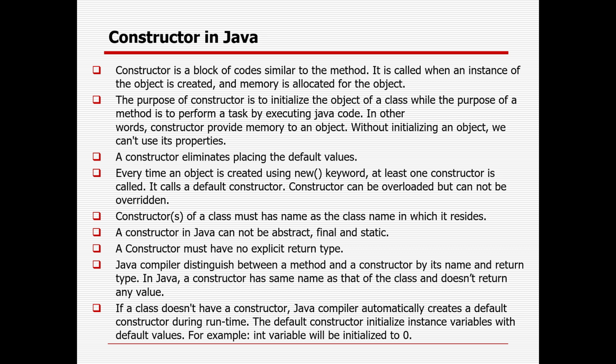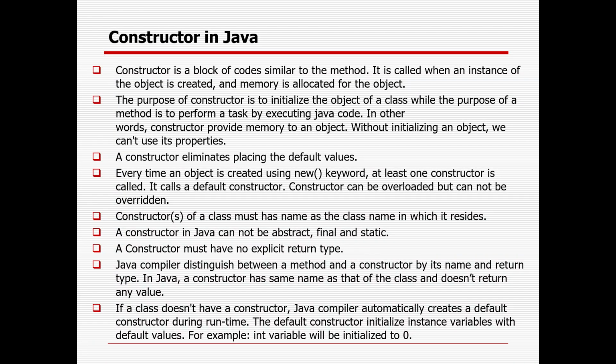A constructor is a block of code similar to a method. It is called when an instance of the object is created, and memory is allocated for the object. The purpose of a constructor is to initialize the object of a class, while the purpose of a method is to perform a task by executing Java code. In other words, a constructor provides memory to the object.